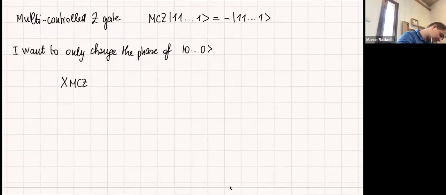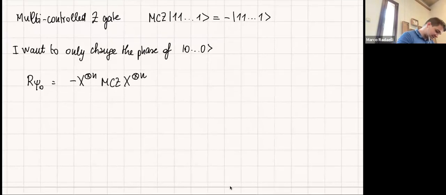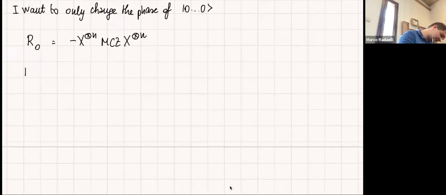If I do something like this, it's probably better to explicitly write the fact that it's a multi-qubit thing. So the reflection around psi-not is, at this point, this object here. Now the minus is not an issue, because it's just a global phase. Sorry, this is over around R0. At this point, this is the last thing for today.